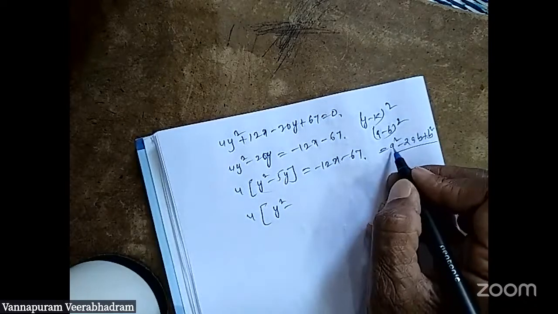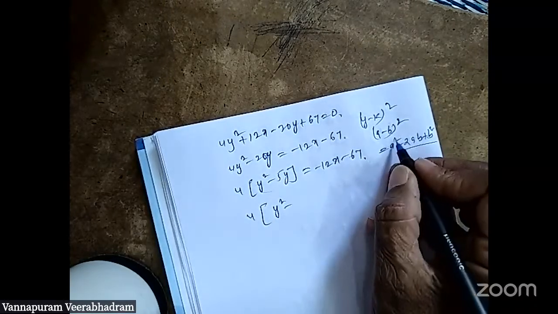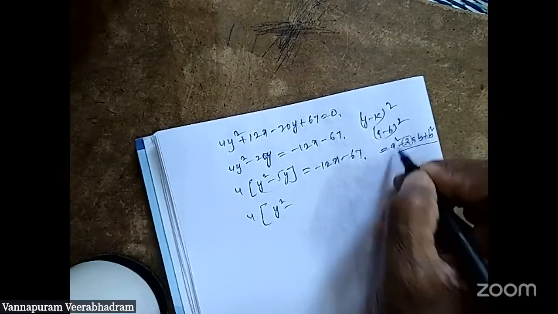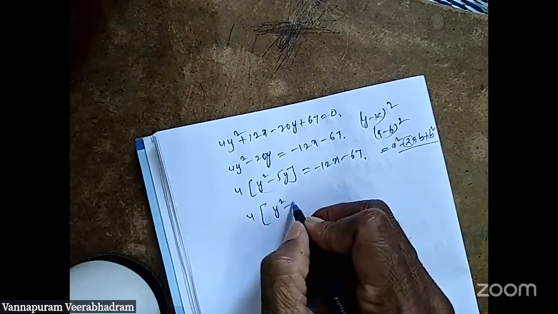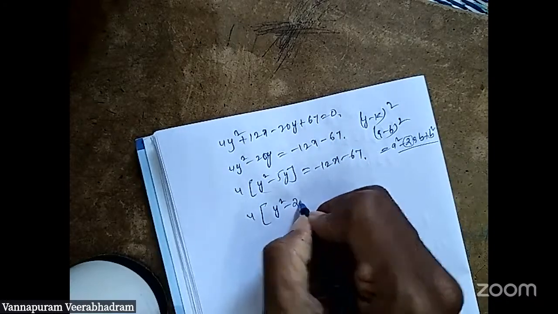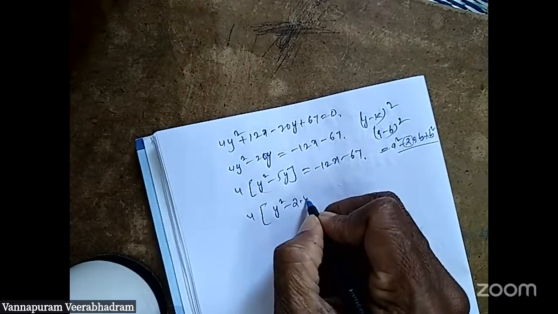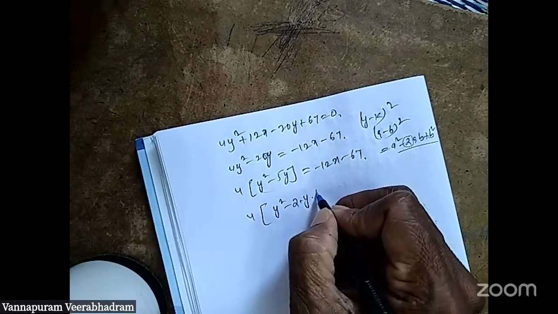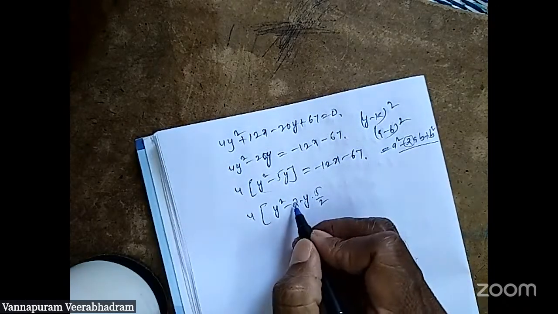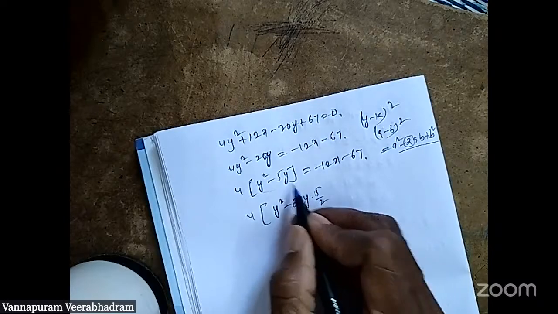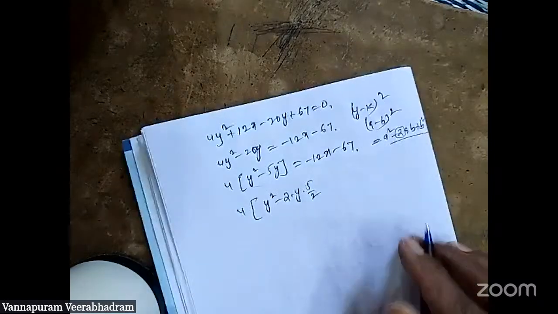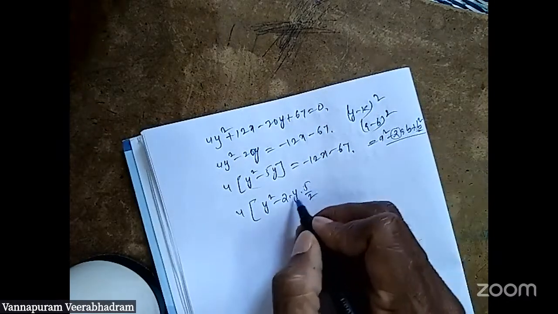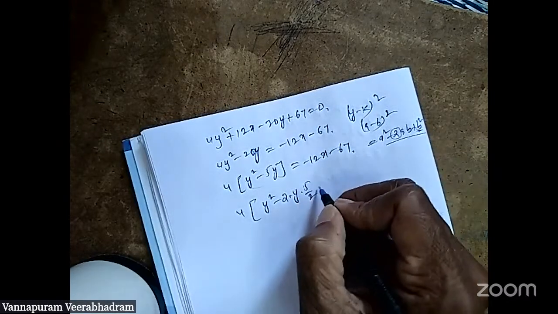So here we have y square in place of a square, minus, here we need 2 first. Here there is no 2. We can write the 2 into y. Now divide the 5 with 2, so 2 gets cancelled and we get the same term y. And then we need b square. In place of b, we have 5 by 2.